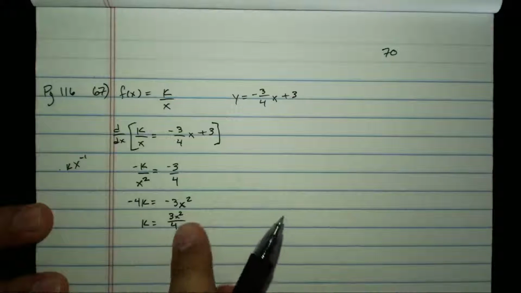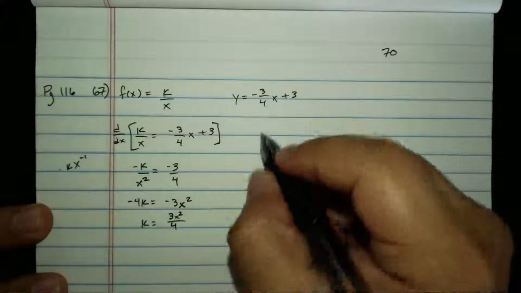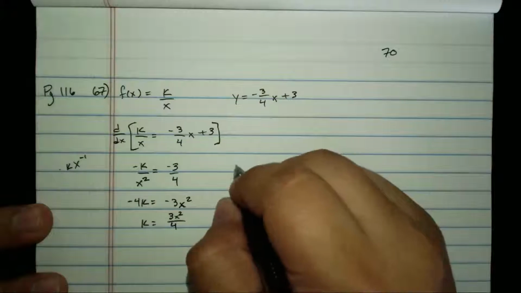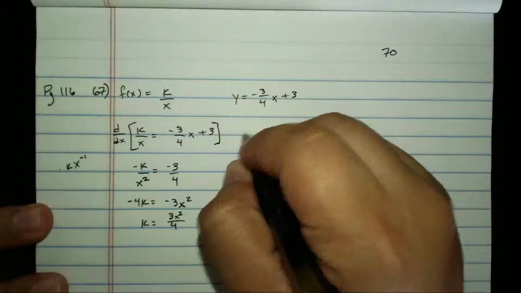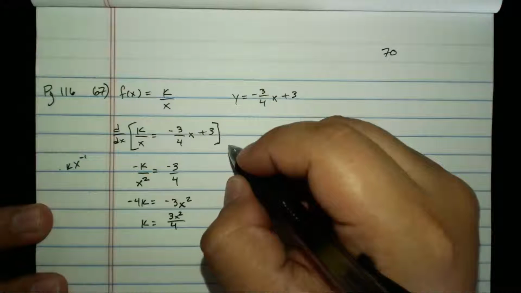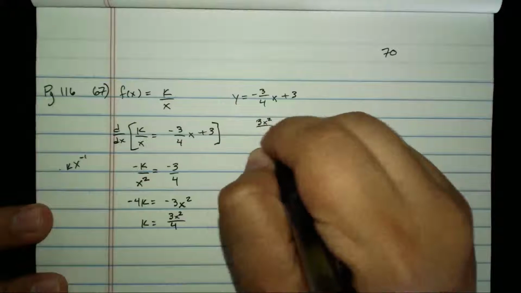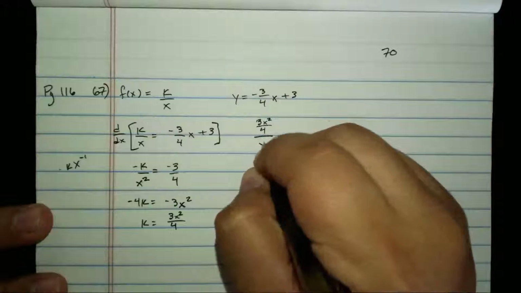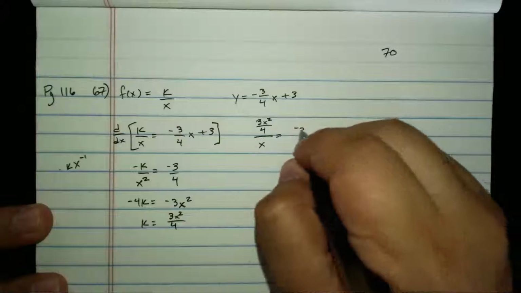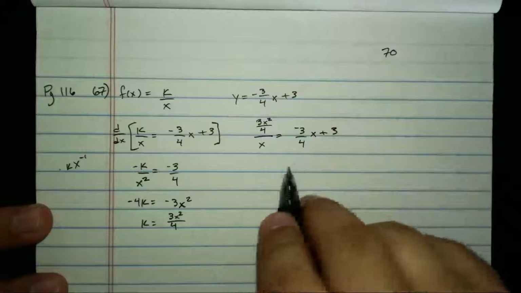Okay, once again we found k, so we're going to plug it in up here. You have 3x squared over 4 divided by x is equal to negative 3 over 4 x plus 3.